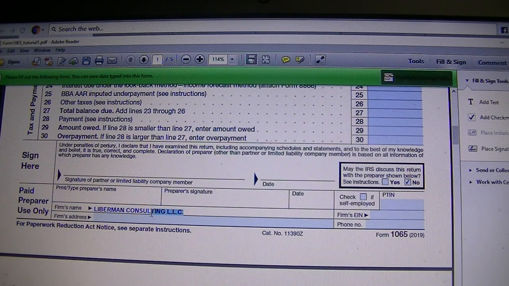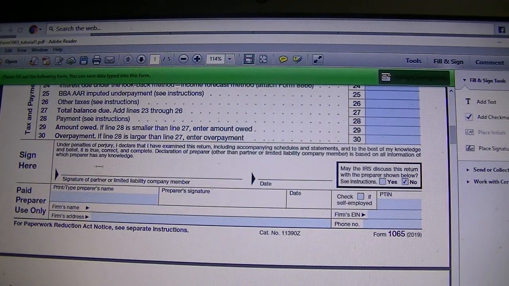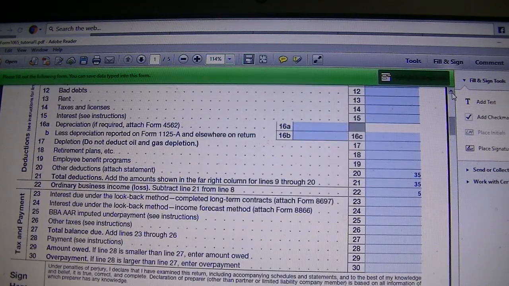So the preparer will be blank, and you'll sign and date it, you the owner, and you'll make copies that you'll use to file your state, because many states will ask for a copy of the federal return without the schedule K1.